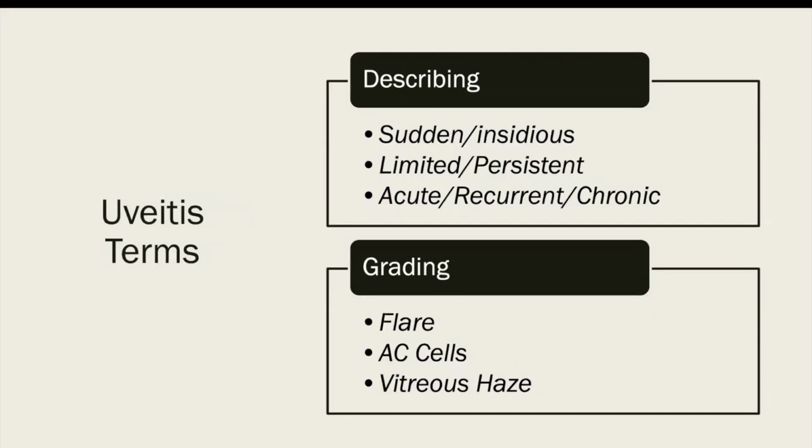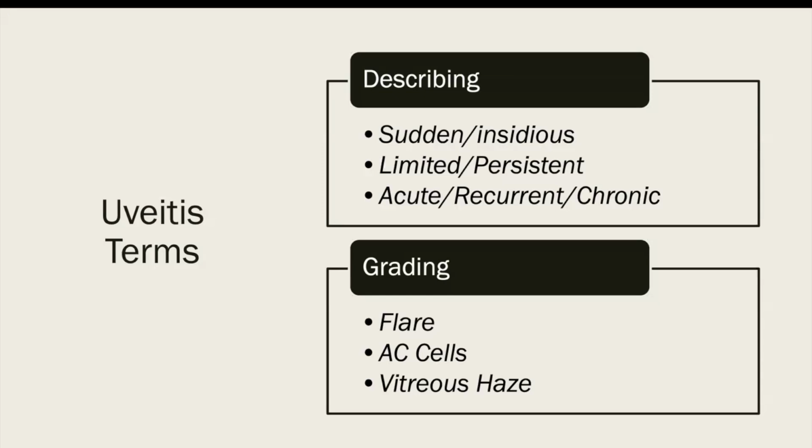You can also describe uveitis in certain ways. So there's sudden onset uveitis, more insidious onsets. There are limited courses of uveitis where you have it the once and then it goes away, persistent courses, and then you've got the differences between acute, recurrent, and chronic. An acute uveitis has a sudden onset and is limited in its duration.